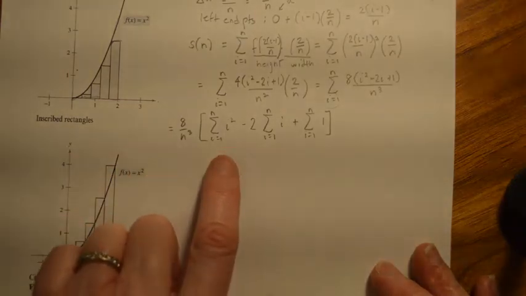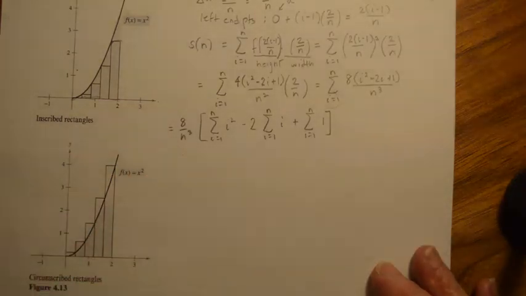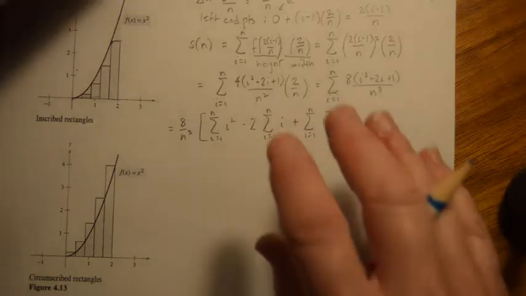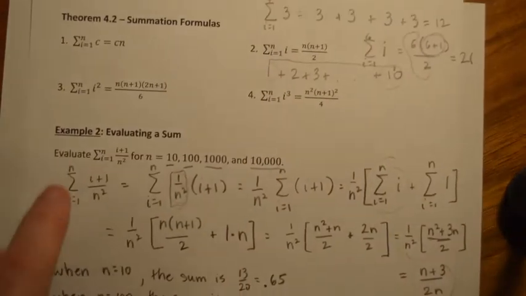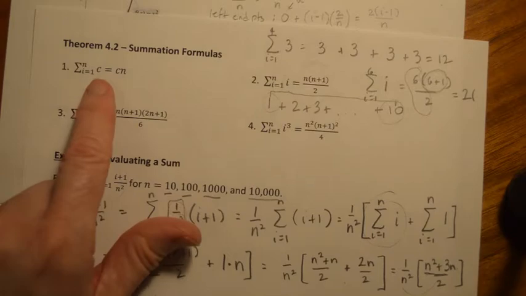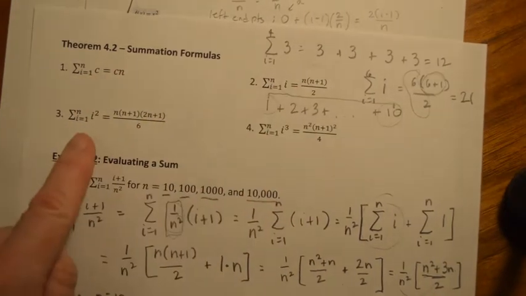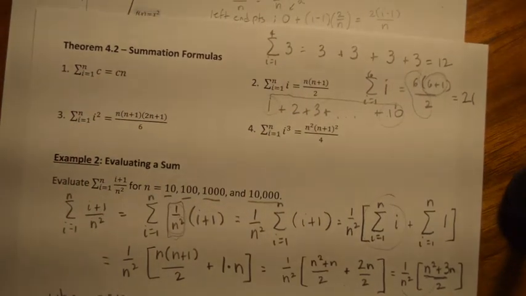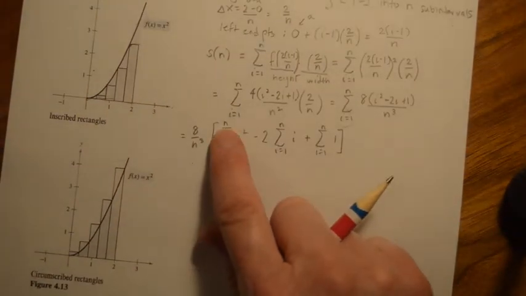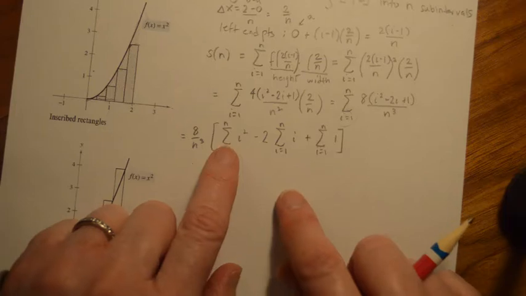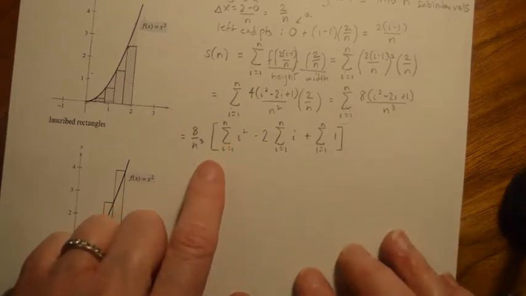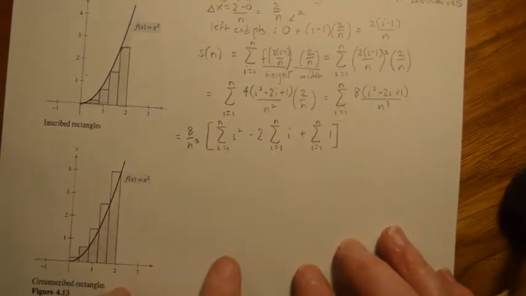All right, now, if you think back to the formulas that we were using, right here I've got this constant one that I need, I've got an i one, and I've got an i squared one that I need to use. So I'm going to fill those in, but remember before when this was 5, we were able to just fill it out and get a number. It was really sweet, but we will not be able to do that here.